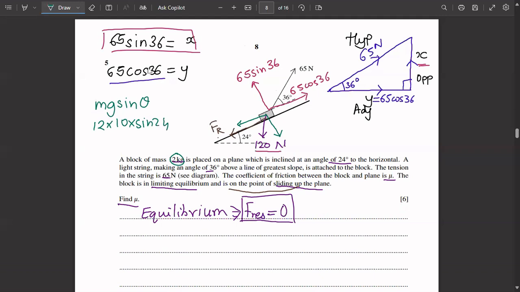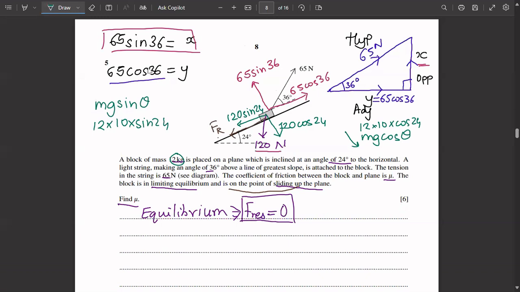So 120 sine 24. And the force perpendicular to the plane is mg cos theta. So this will be 12 into 10 into cos 24. So this is 120 cos 24. So yeah, we are done with this.